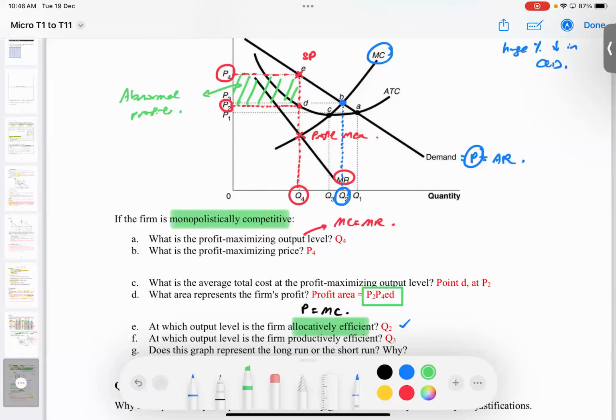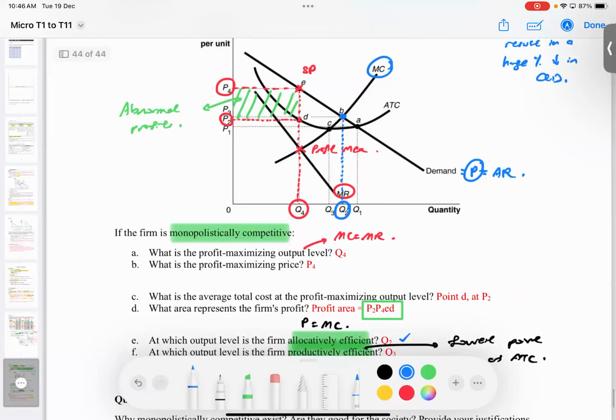Next, at which output level is the firm productively efficient? Productively efficient means we look at the lowest point of average total cost. Again, we identify the point: point C, at quantity Q3.